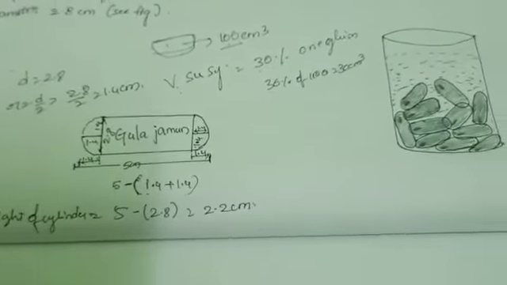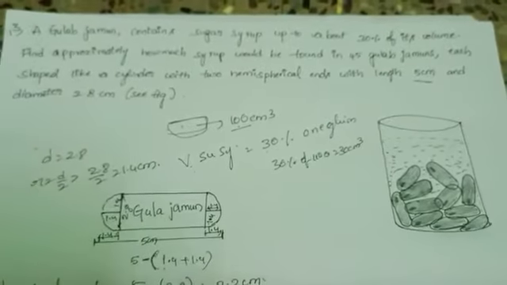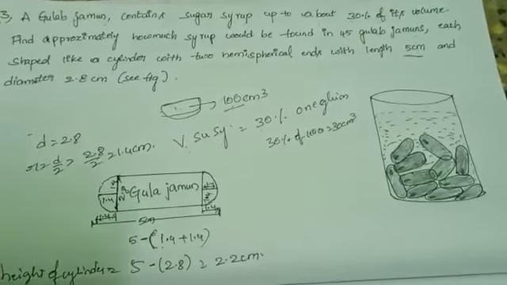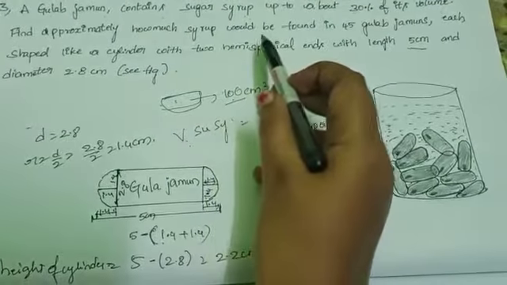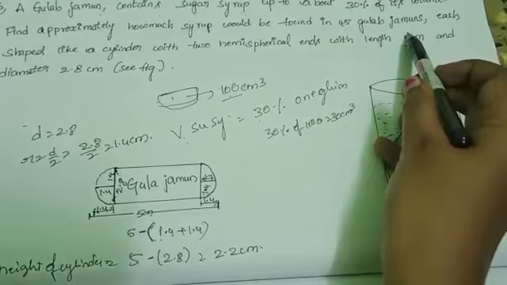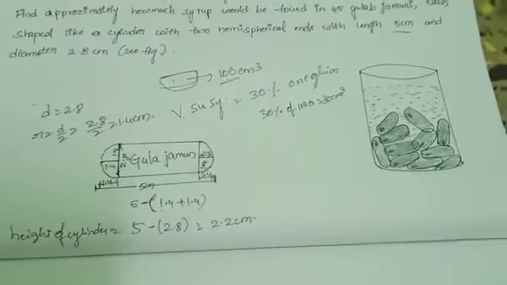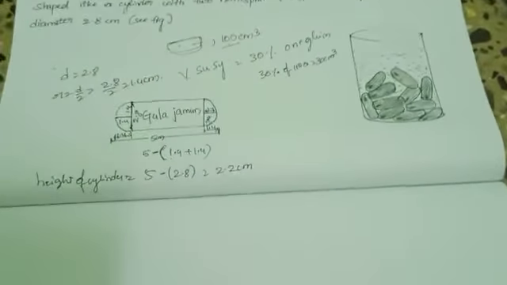Okay. Here we have to find how much syrup would be found in 45 gulab jamuns. So first we want the volume of one gulab jamun.